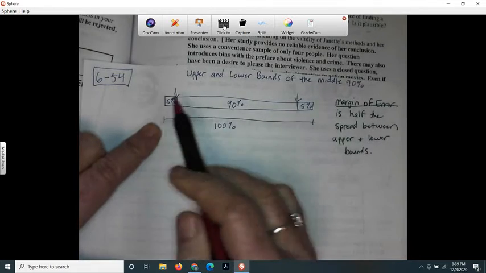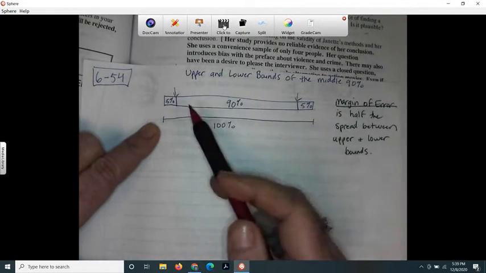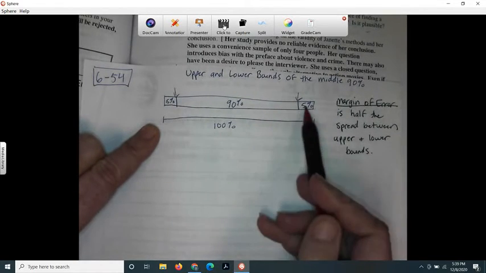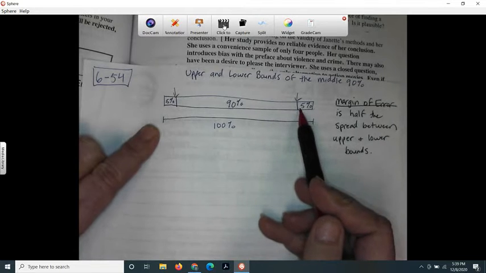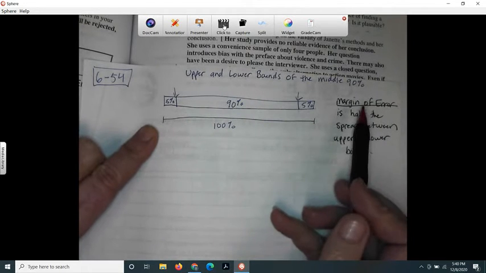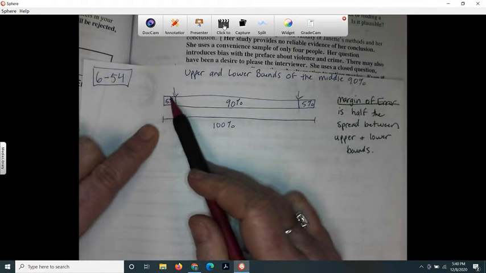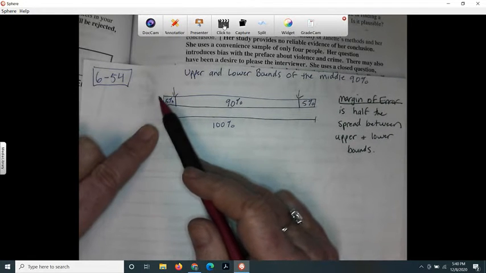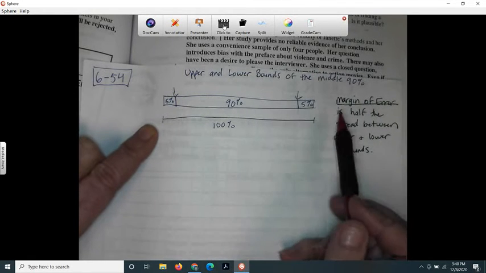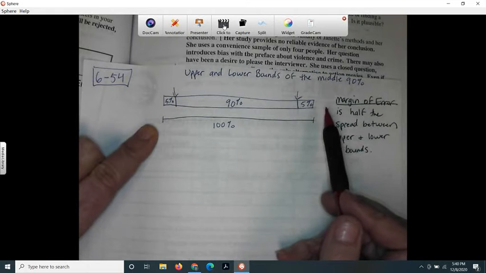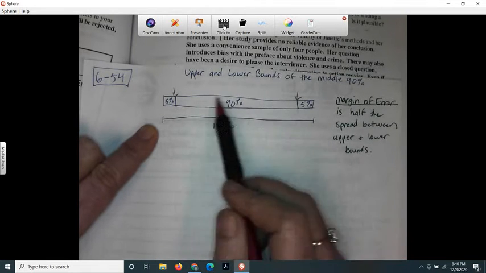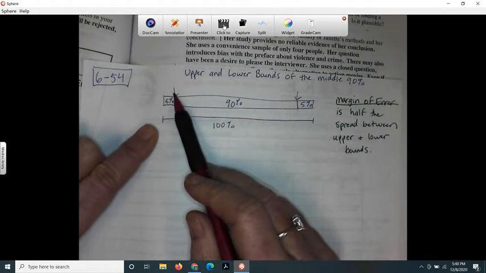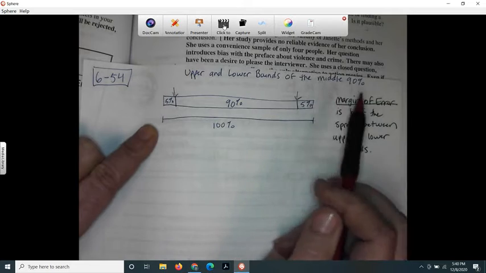What this is modeling is that if I took all the numbers from least to greatest, and there's 40 numbers, and I got rid of the lowest 5% and the highest 5%, that gives me my middle 90. And so these cutoff marks are the bounds.